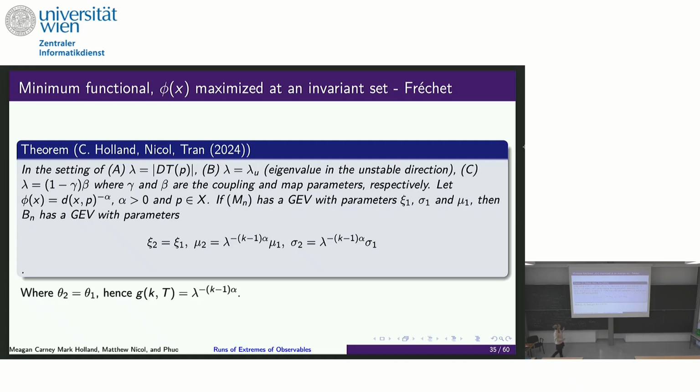Then Bn also has a GEV with the same shape, and then this relationship between the location and scale parameters, where alpha is just the shape. Okay, so just point out here, and we'll see it in a second, that the extremal indices here are the same. And so our G of kt is just lambda to the negative k minus 1 alpha, where k is the window size.